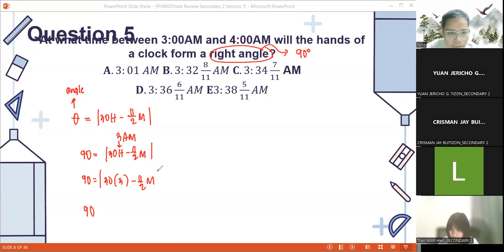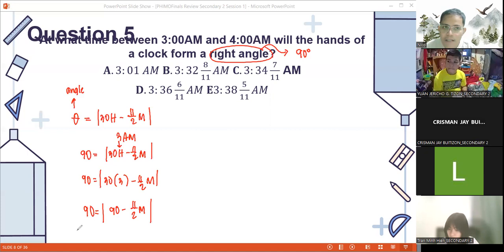So we have 90 minus 11 over 2 m. Take note, if you take the value inside as positive, it will become 90 minus 90, which is 0, and that's not possible, because it says at what time between, so it should be in between.